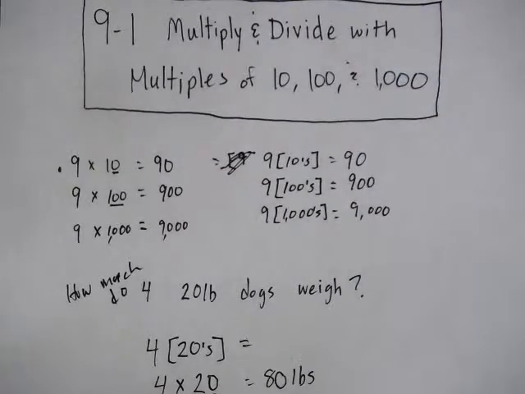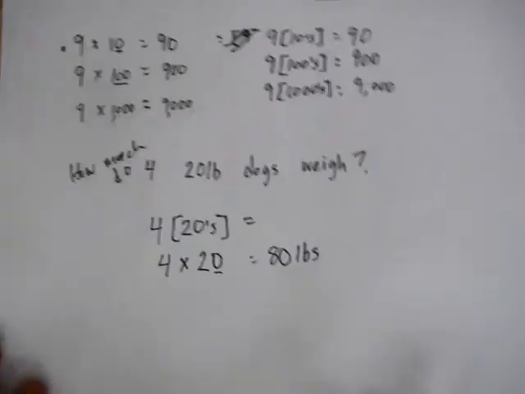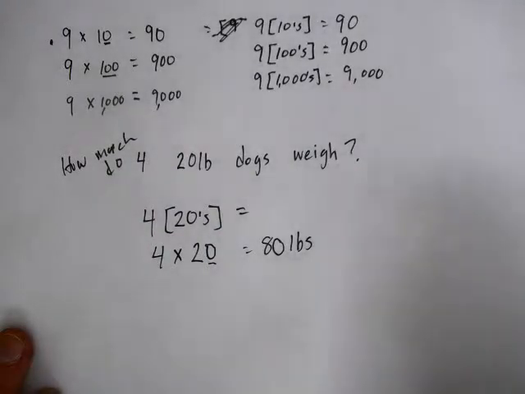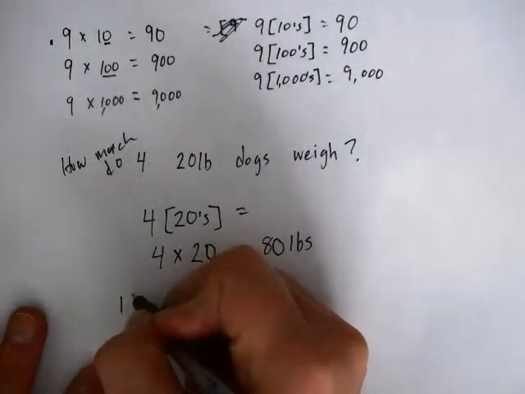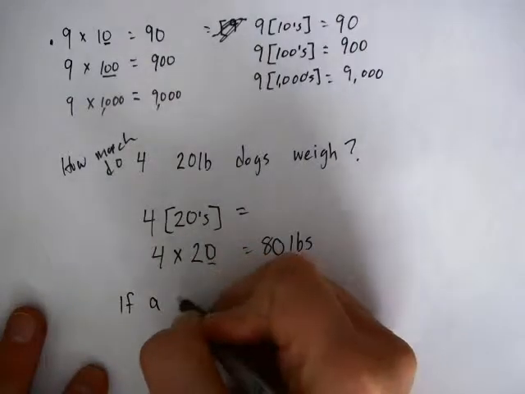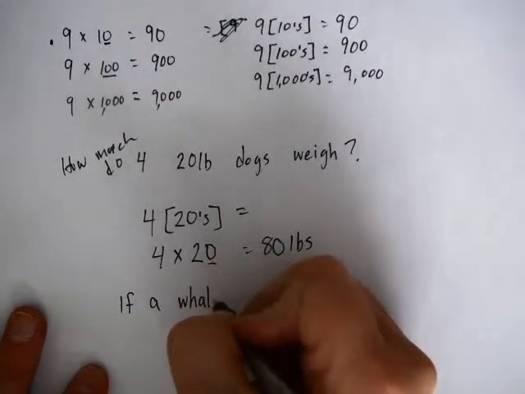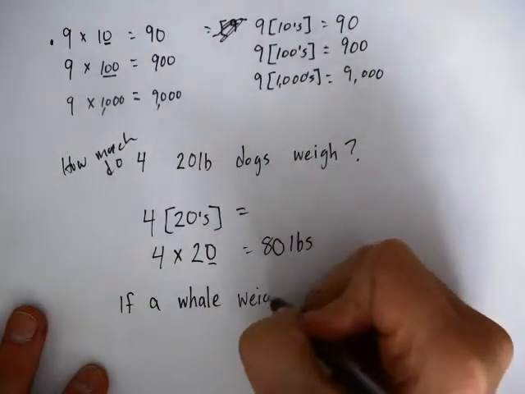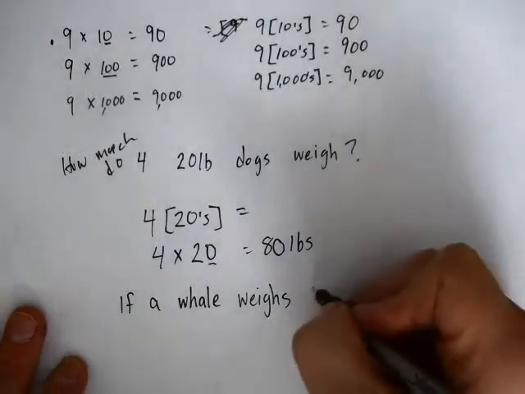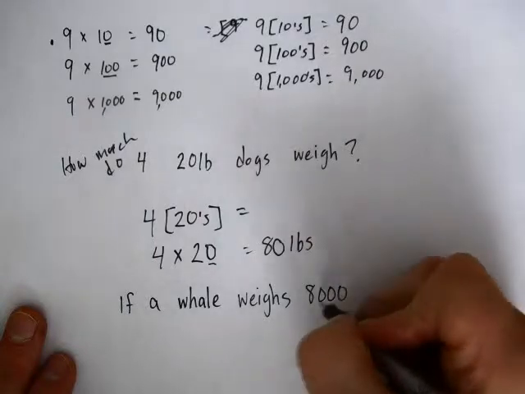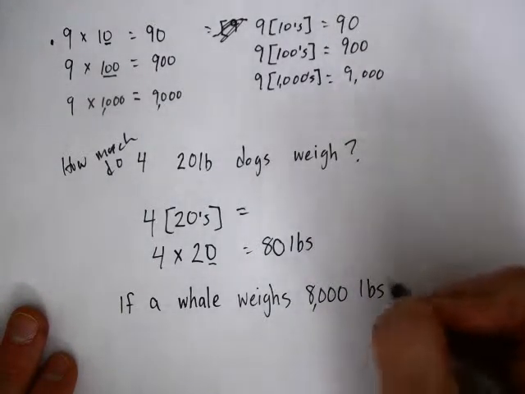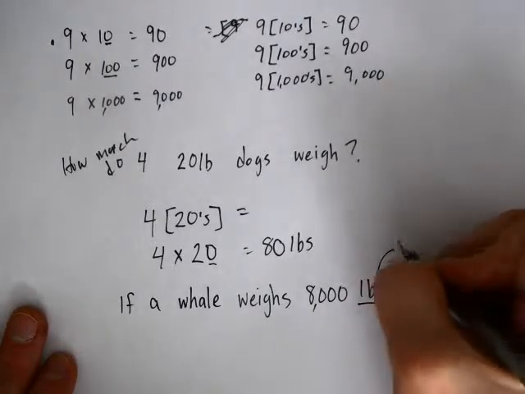And they may also see things like, if we use the 20-pound dog example, we could say, if a whale, maybe just a small whale, or a big whale, I don't know. If a whale weighs, we'll say it weighs 8,000 pounds. I'm just using this as an abbreviation for pounds.